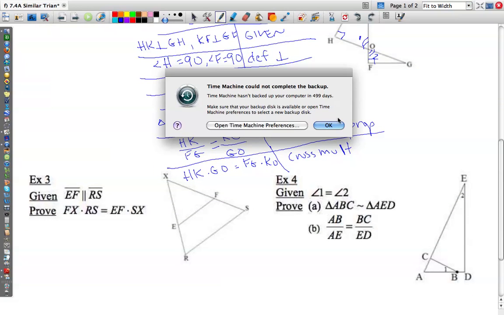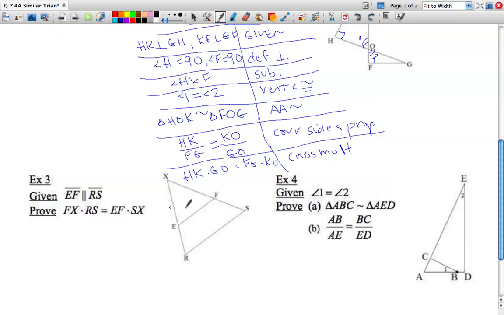Let's go to the next one. Given EF is parallel to RS. Oh, it's similar to the last one. So again, if we can show these two triangles are similar, we can maybe set up some sides being proportional and cross multiply. So I think I will start this for you and you can finish it. EF parallel to RS, given.